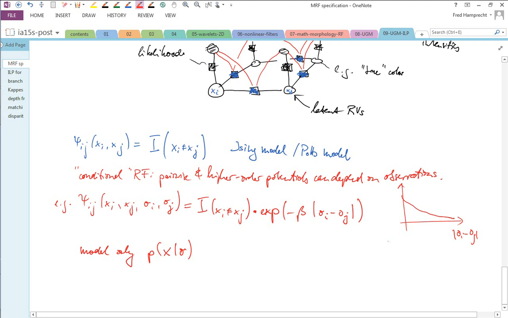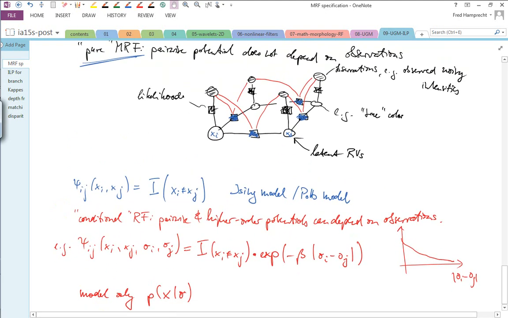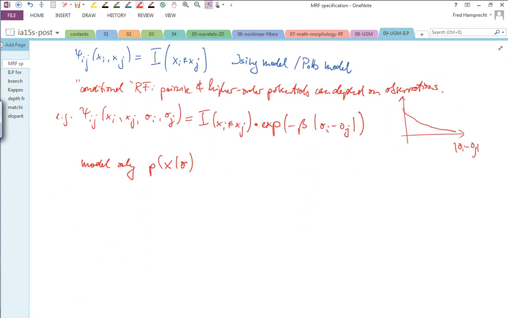Whereas these pure MRFs can model both the latent variables and the observations. Note up here I write a comma, so I can model the distribution of my unknown, my latent random variables and the observations. And down here I don't have a comma, but I have a vertical bar, meaning I condition on my observations.